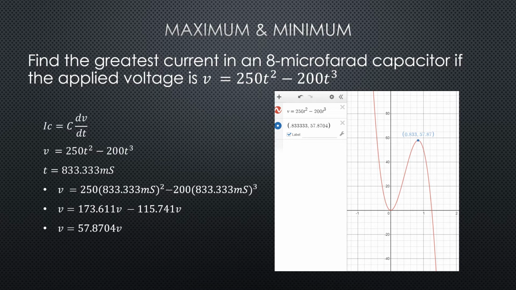And you can see I plotted the original formula into Desmos with the calculated data points where our time is equal to 833 milliseconds and our voltage is equal to 57.8704 volts, and we can see that that is in fact the max voltage for the capacitor. But the question isn't exactly asking for what is the time for max voltage or what is the max voltage.